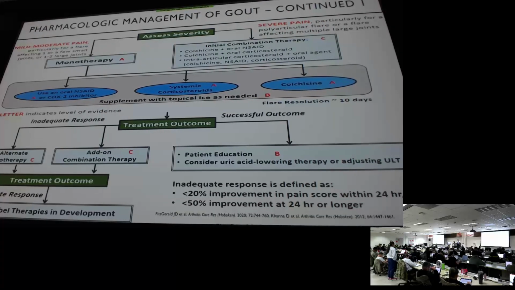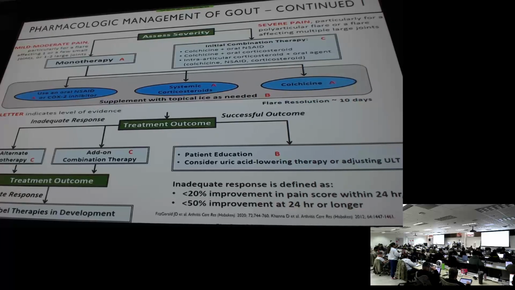So this is just a flow chart of all that. You can refer back to it. I'm going to go through the steps on the slides so as not to confuse you, but you can come back to this. Basically, it flows through the outcomes of that acute flare, and then when we are going to move into chronic urate lowering therapy. You can use this as a study guide, but I do want to point out on the bottom right, inadequate response.